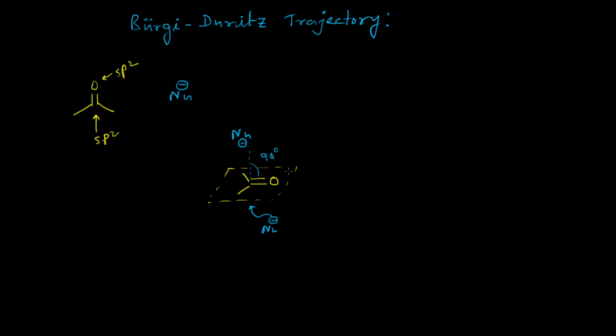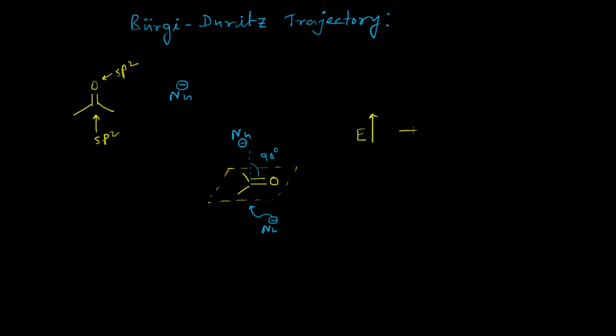But however, the situation is totally different, and for that we have to consider the HOMO-LUMO approach: the HOMO of this nucleophile and the LUMO as well as the HOMO of this carbon-oxygen double bond. For that we have to quickly see the molecular orbitals formed between the interaction of the carbon 2p orbital and the oxygen 2p orbital during the construction of the carbon-oxygen double bond.